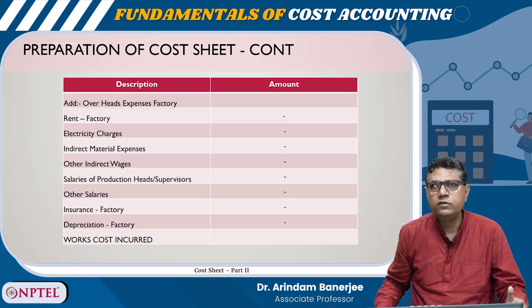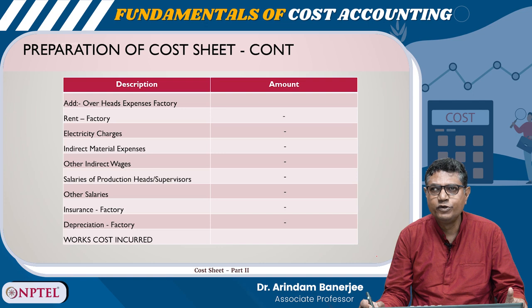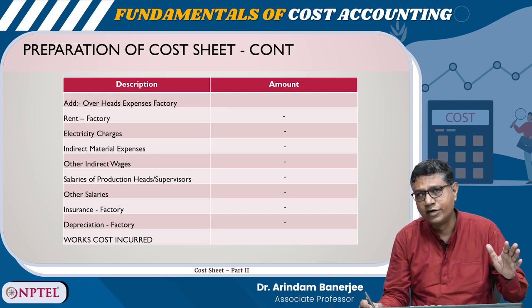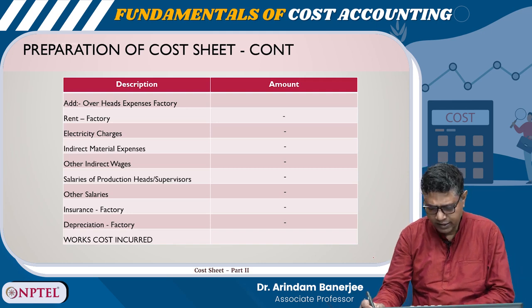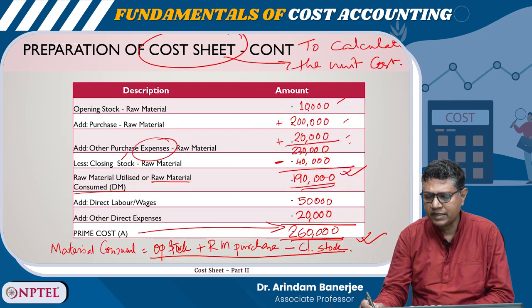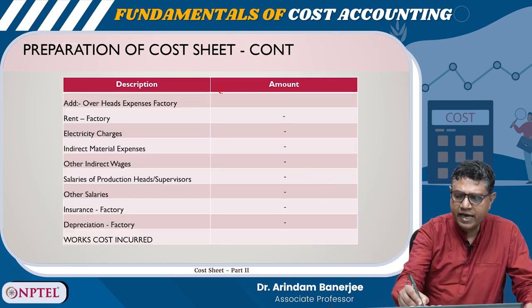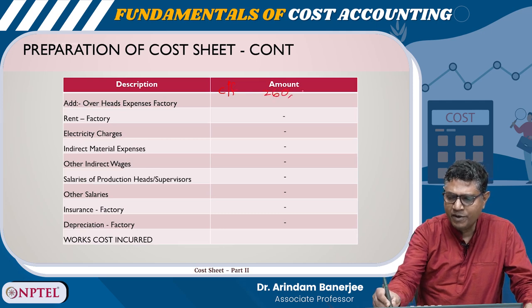Now, from the prime cost, we need to add the factory overheads, not the other overheads, not the selling and distribution overhead or the administration overhead. We need to add only the production overheads. So the prime cost we have taken is 2,60,000. I am just carrying it forward, for a better understanding I am writing this.